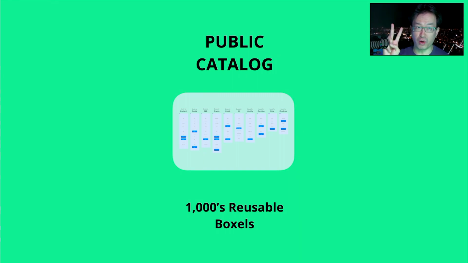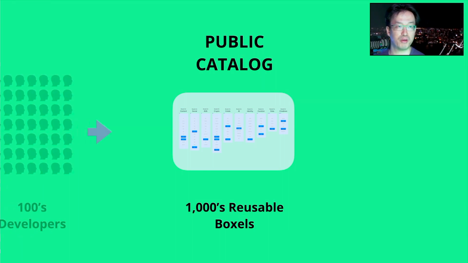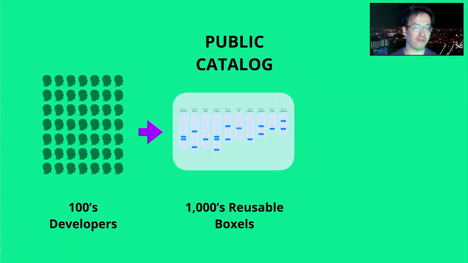Now, there are two ways to build that. In fact, there's actually only one way to do it, which is to have developers do that before the AI movement. You have hundreds, if not thousands, of developers, each working on one concept, taking something that already exists in the business software ecosystem and saying, hey, let's make an open source version of it using the open source foundation on the Cardstack and building it using the Boxel SDK, and then submitting it to the public catalog to create a commons.